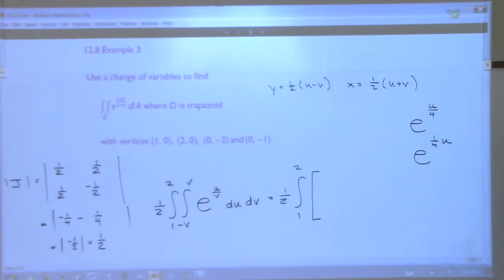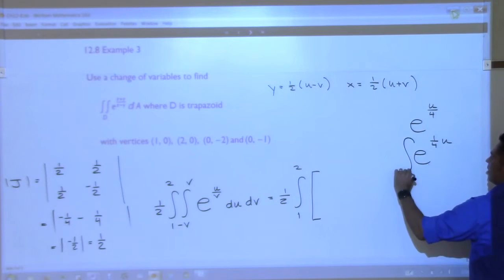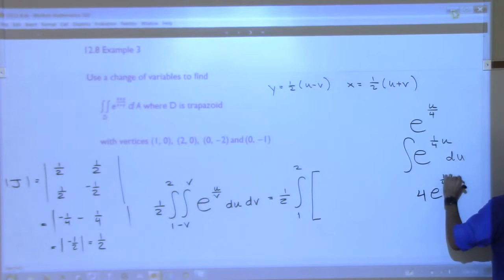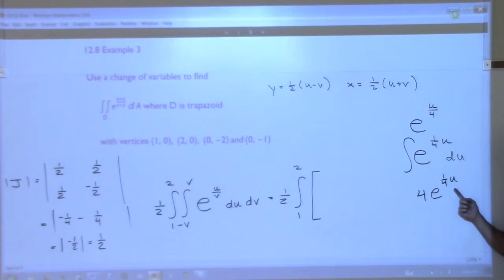So what would the antiderivative of that be? The antiderivative of this would be 4e to the 1/4 u, because if you take the derivative of this, the derivative of e to the 1/4 u is itself, right? But then the derivative of the inside would be 1/4, right? So you'd have to kill that 1/4 by putting a 4 out here, right?